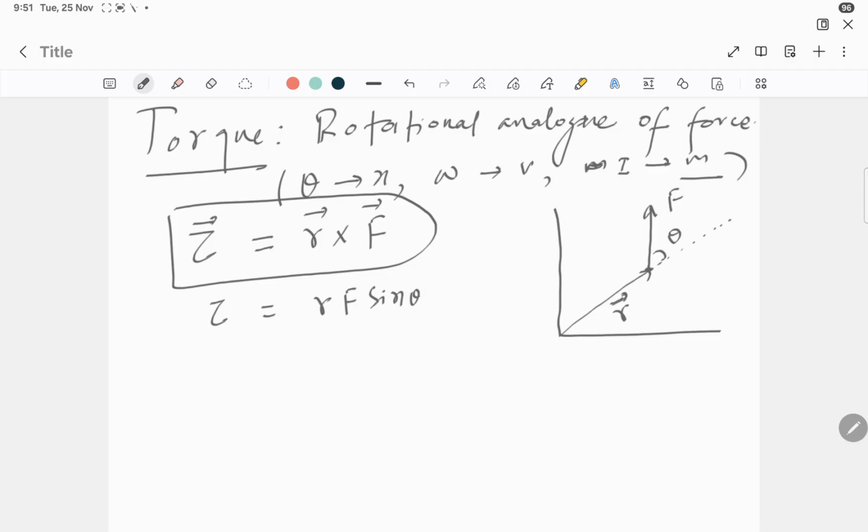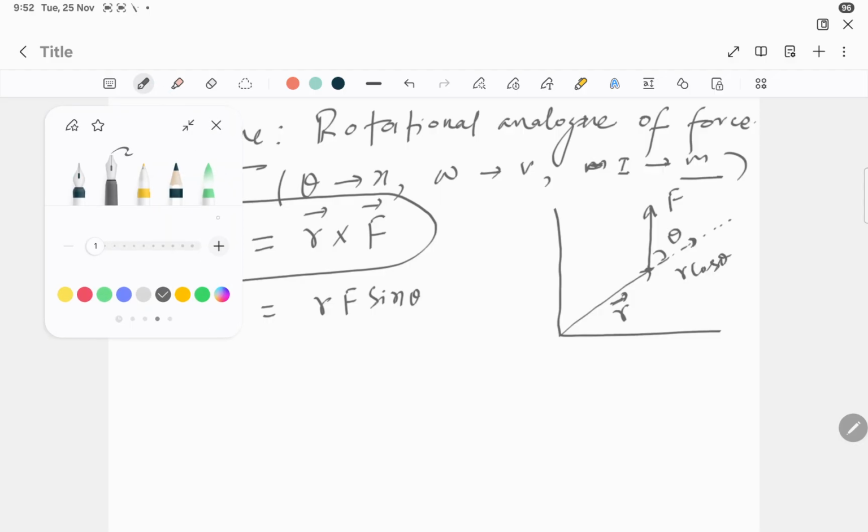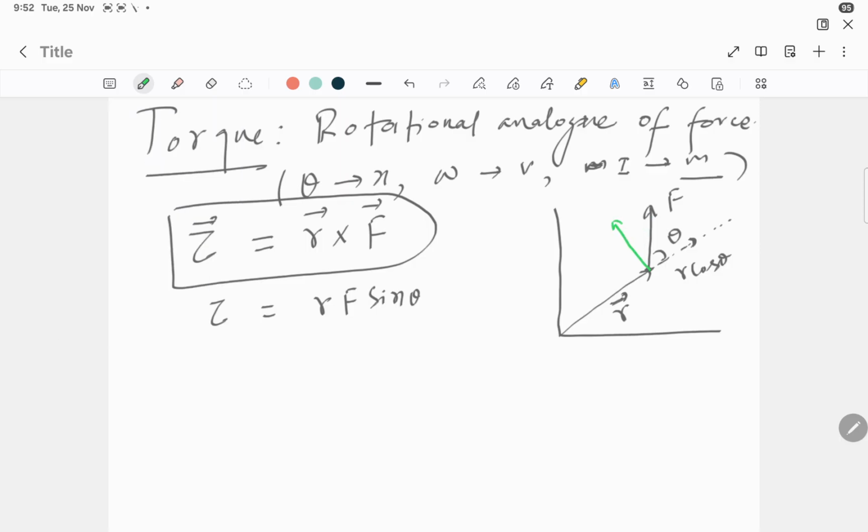If I break the force into components, that along the position vector becomes F cos theta, and another component along the perpendicular direction is F sine theta.